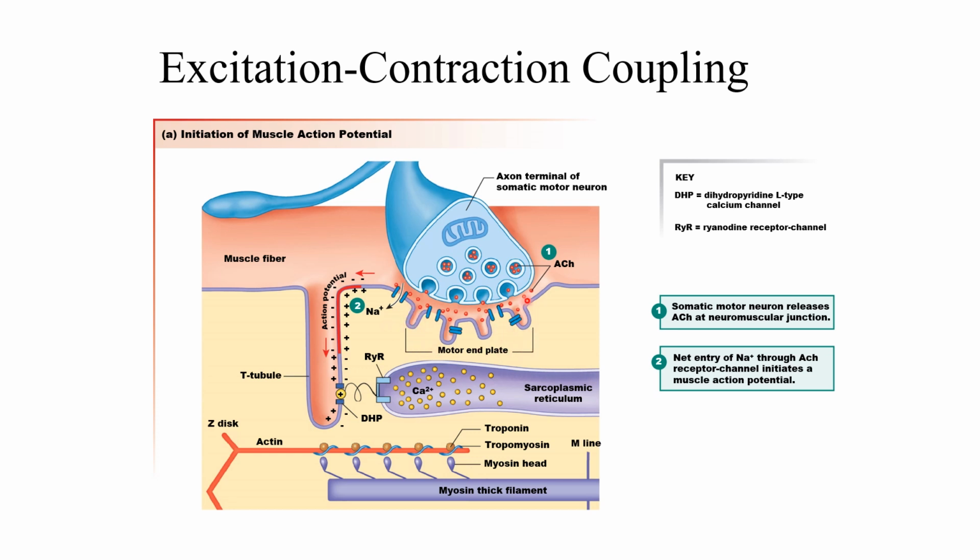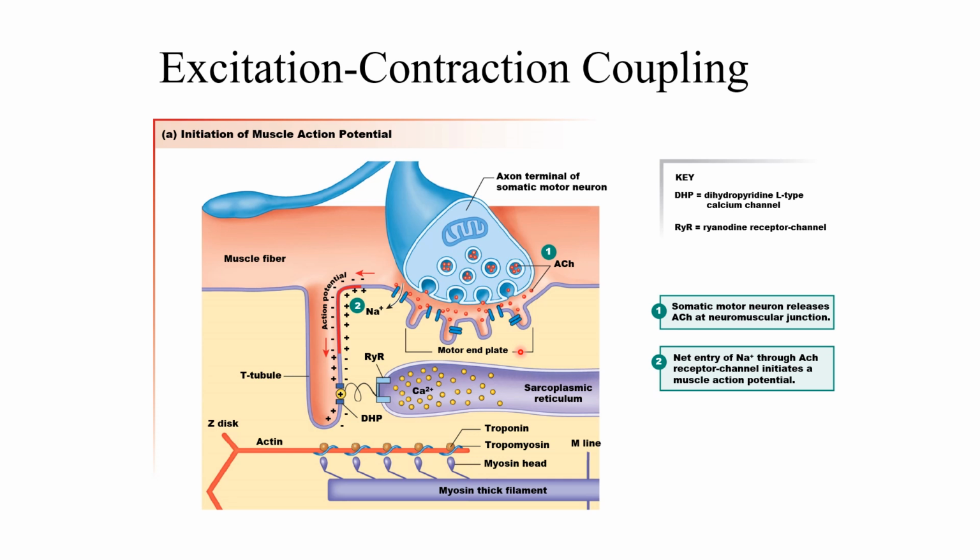Because this region right here, where you have the junction between the neuron and the sarcolemma, we refer to as the motor end plate. So that electrical message is known as the end plate potential.